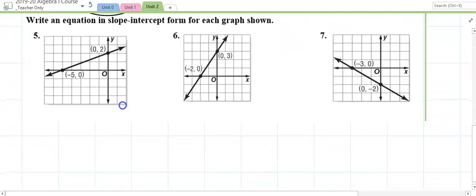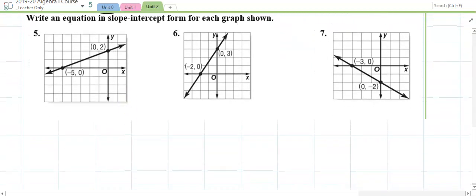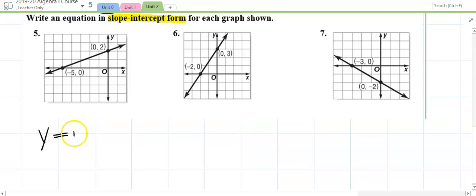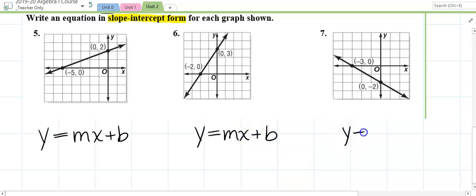Sometimes we're going to be given a graph, and they want you to write the equation in slope-intercept form again for each graph shown. Whenever they tell you to write an equation in slope-intercept form, we are going to write y equals mx plus b. I'm going to do that for all of them because the instructions are the same for each graph.